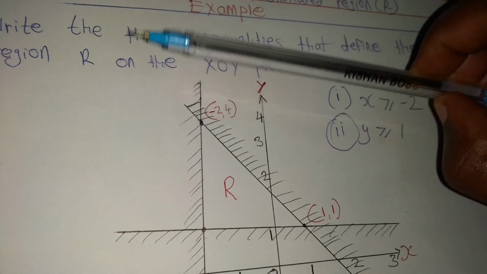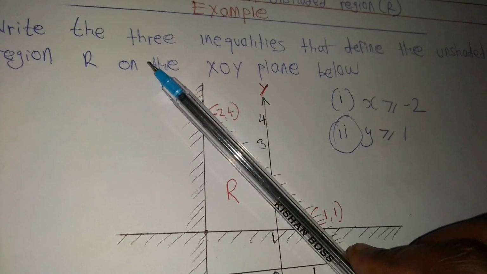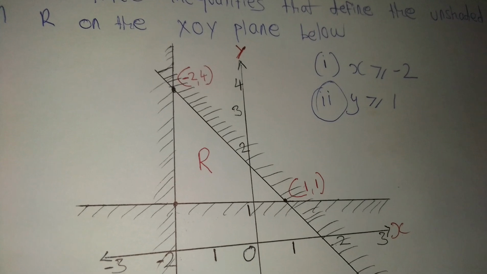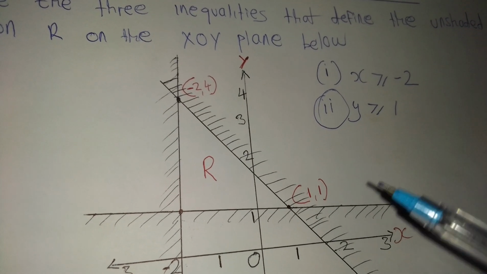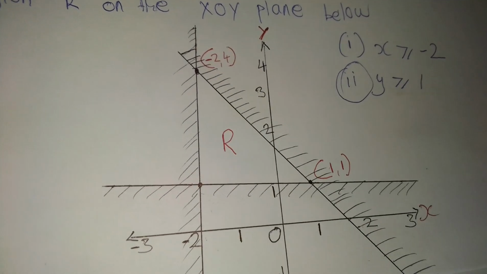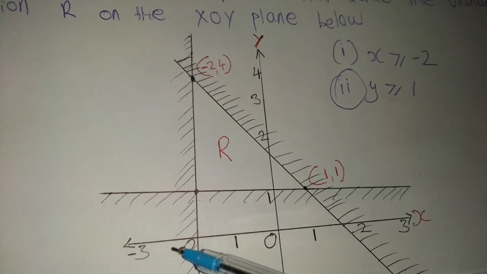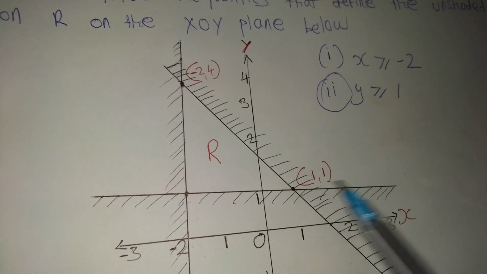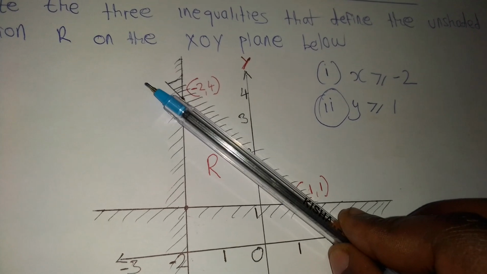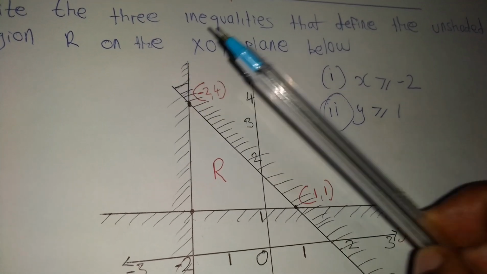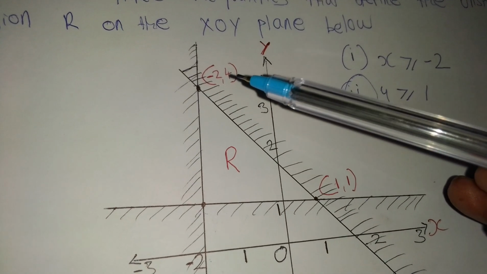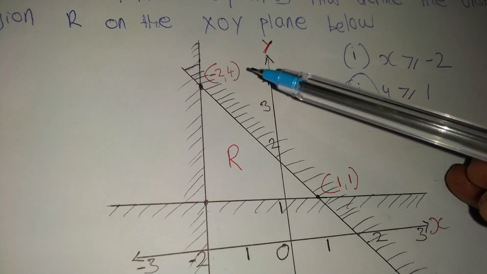As long as the line is sloping, we don't pick the inequality directly, like the way we have done for 1 and 2. For x, it is just straight, cutting at negative 2. For y, it is straight, cutting at 1. We pick those directly. But for this one, we don't pick directly. That's why we have been given points. There is negative 2, 4 here.